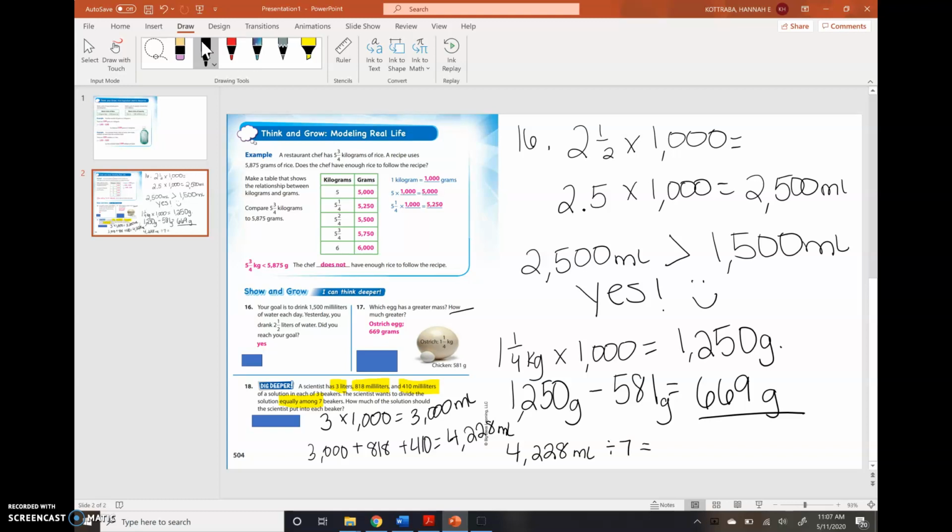And when we do that math, I know that's going to take a little while to work out, but you can do that math, and for this one I'll let you use a calculator if you like. It's going to equal 604 milliliters. Therefore, the scientist should put 604 milliliters of solution into each beaker. Let's check our work. There you go.